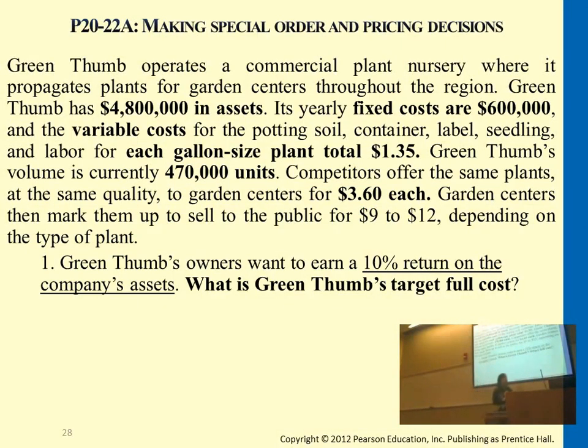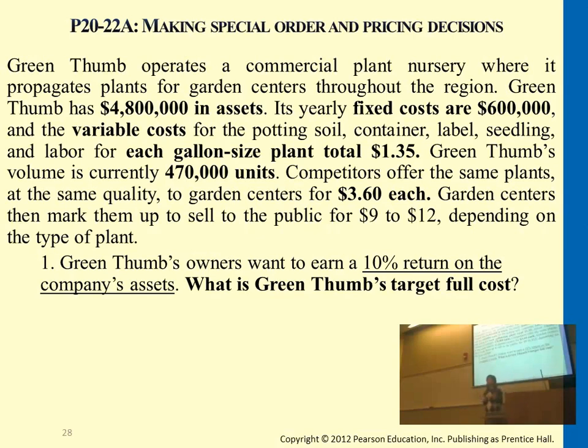So remember, for this company here, since you know the competitor's price, $3.60 for each plant, the problem tells you that competitors provide exactly the same plant. So this is a hint telling you that this industry is leaning toward a price taker. They're a taker, right?